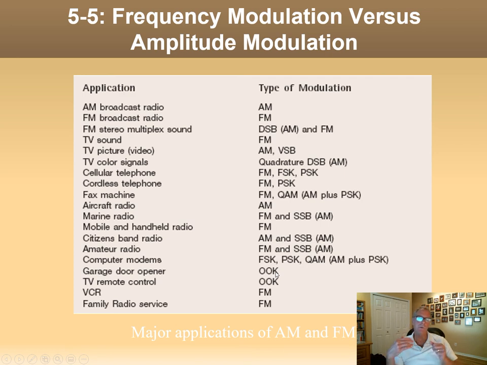It's an amplitude scheme where the signal's on or off, and it's sort of like Morse code, except the carrier is always there, but you have an amplitude that's high and then an amplitude that's low. So it's called OOK, and same with the TV remote control. And these last two, I guess VCRs aren't around anymore, but family service radio, I guess that is.